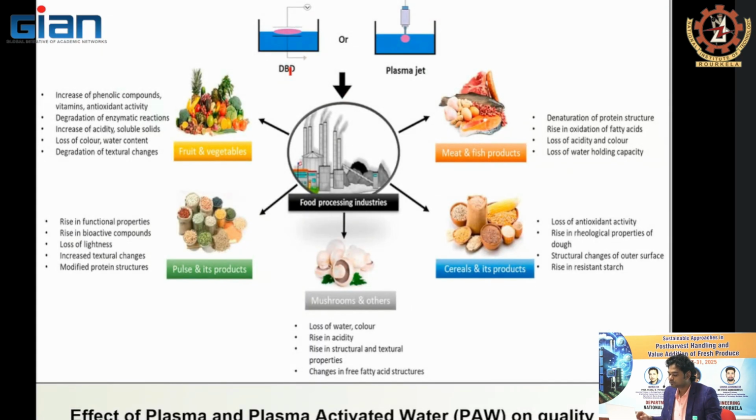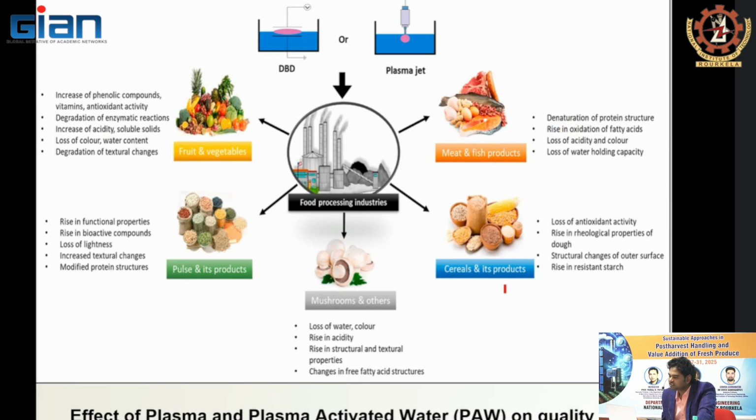So if we come to the application in the food industry, it has wide application. Plasma can be used, as I said, for surface sterilization also. Degradation of pesticides, removal of pesticides from the surface of fruits and vegetables, removing microorganisms from the surface of fruits and vegetables, and even in the case of meat, fish and meat products, it retains the freshness and destroys surface microorganisms.